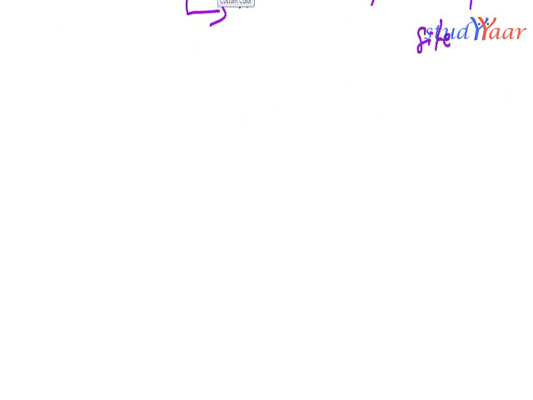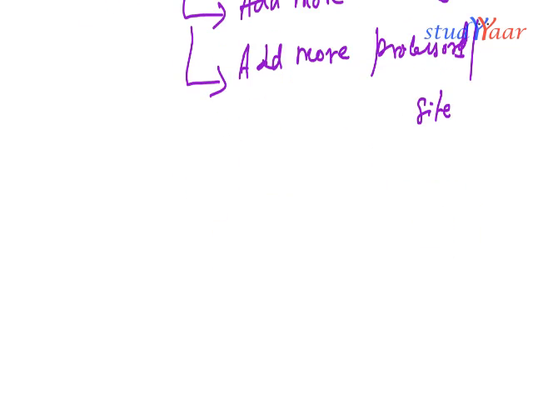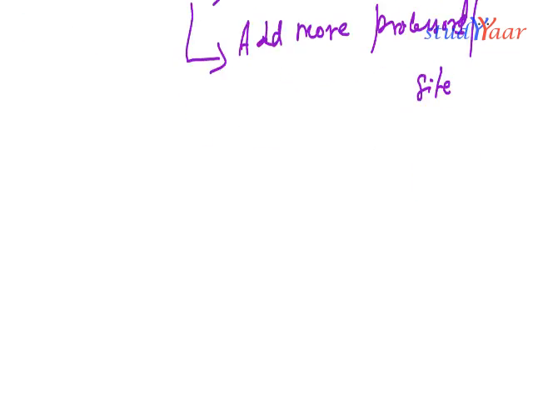Now we are going to look at what are the additional functions that a distributed database management system provides. Obviously it is going to provide the functions or responsibilities that a normal database management system provides, but there are some specialized functions that a distributed database management system has to take care of.